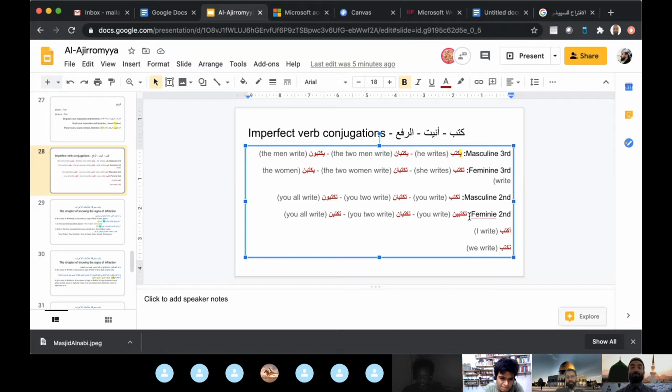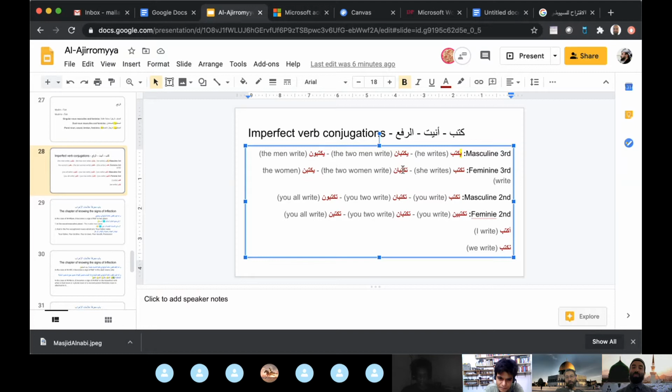Yes, because there are some verbs that are similar for both male and female. Yes, very good. So taktubani, taktubani, taktubani. These 3 will be considered 1, right? So if out of 7, 3 of them are considered 1, you're left with 5. I'll leave it up to you to do the math, inshallah.